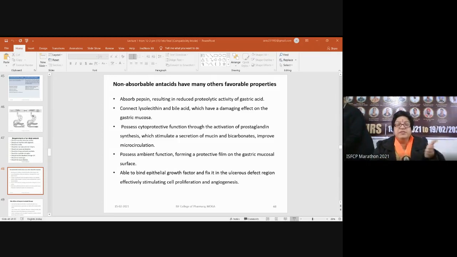Non-systemic antacids are more potent and effective as compared to systemic antacids, but they are insoluble and poorly absorbed systemically.